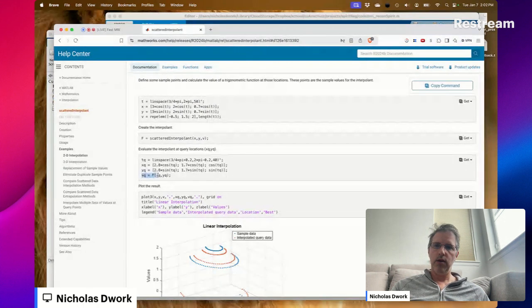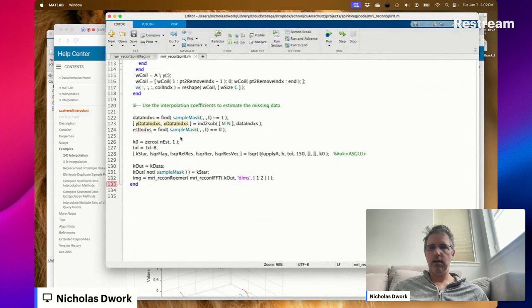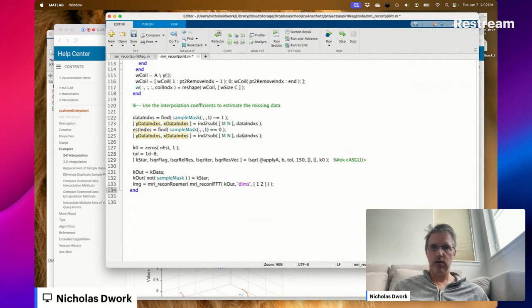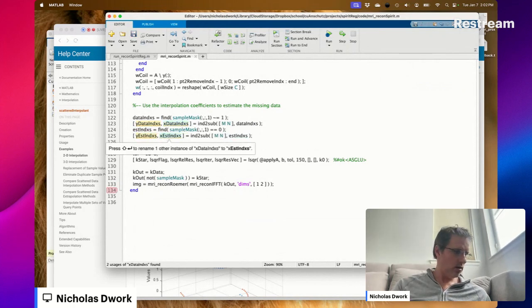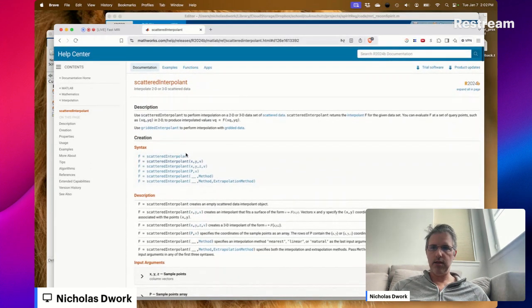Oh, you create the scattered interpolant and then you query it at specific locations. Okay. So here we can create the scattered interpolant.